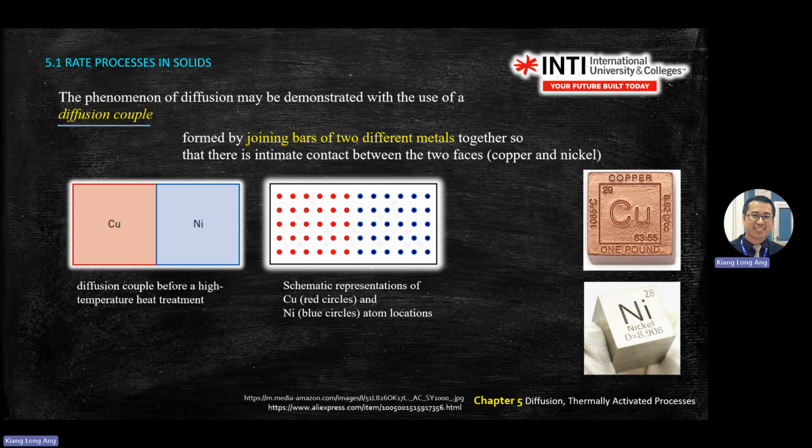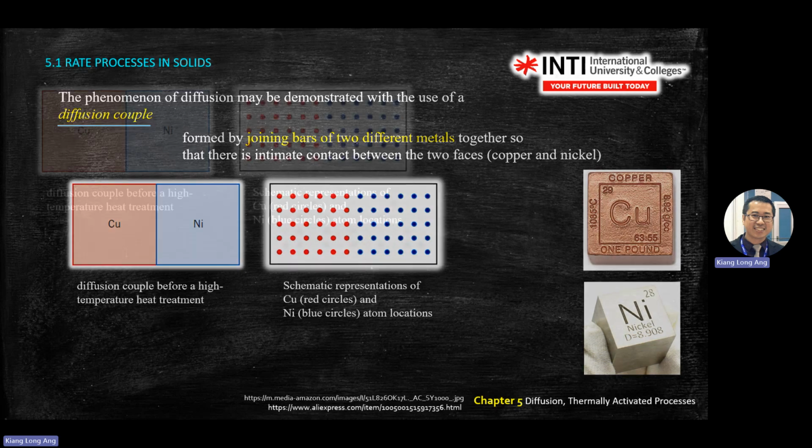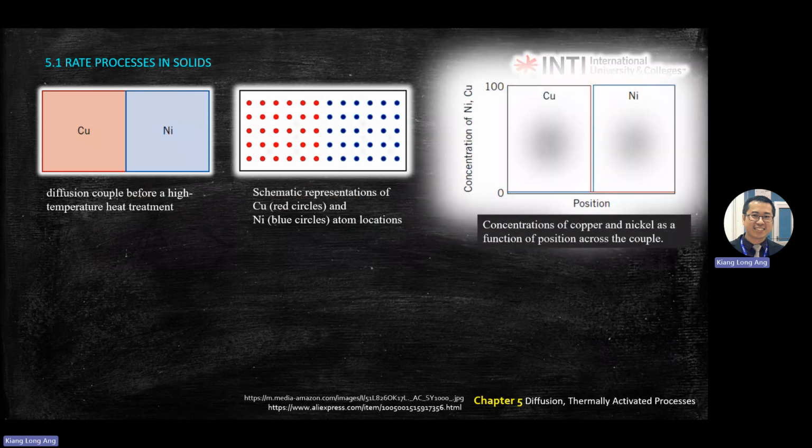This is before high temperature heat treatment. When we heat up the material, we will see some diffusion happen between the two elements at the boundaries. The exchange will happen at the boundary first.